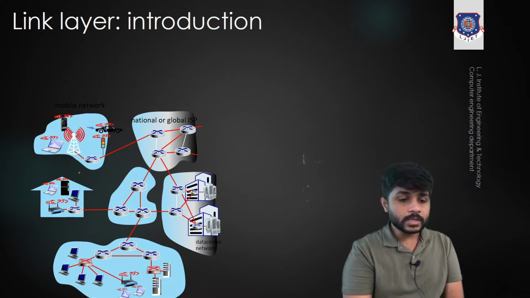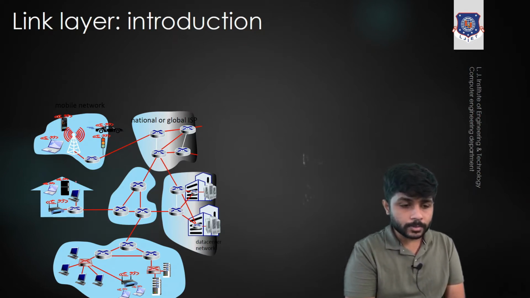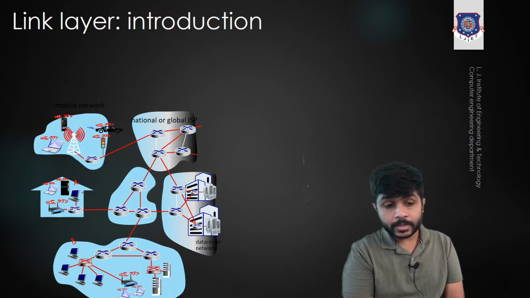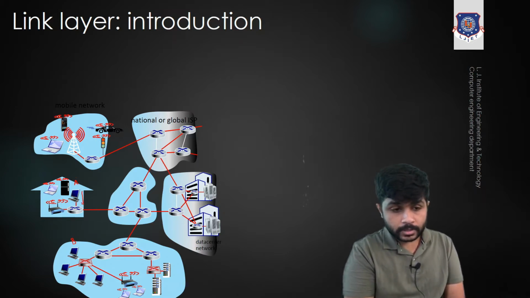Now suppose the device which is present in your home, let's say this is device A, wants to send some data to a device present in another network, let's say device B. So when device A sends any data, the data will be passed to the nearest router, the router in your home.